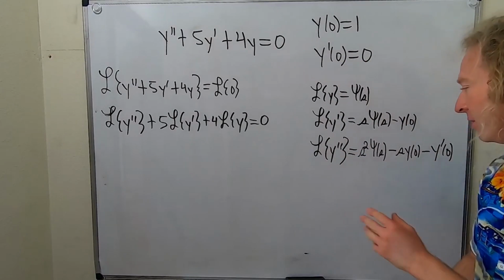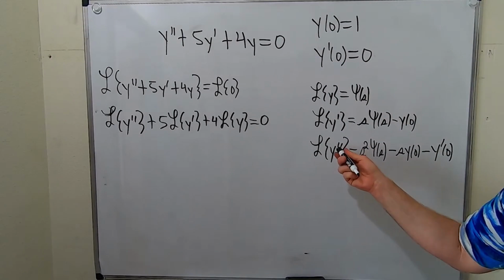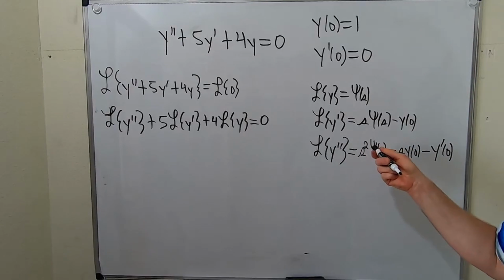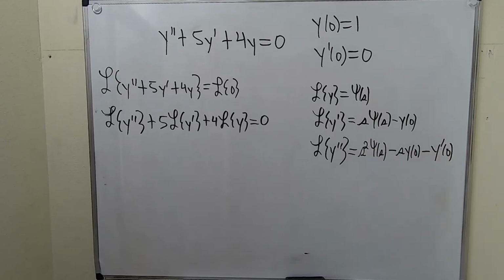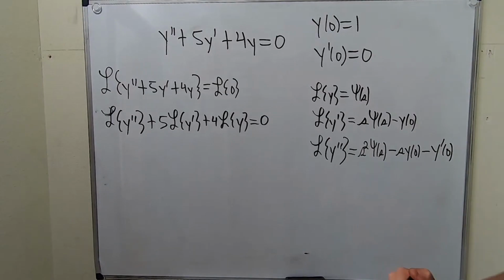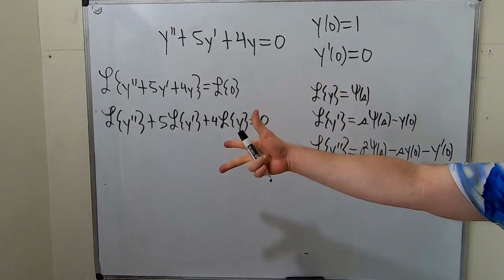So again, these are the formulas that we're going to use. Again, this is the second derivative, so it starts with s squared and it ends in one less derivative. Okay, so now let's go ahead and apply these formulas over here.